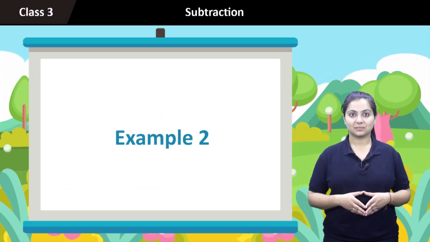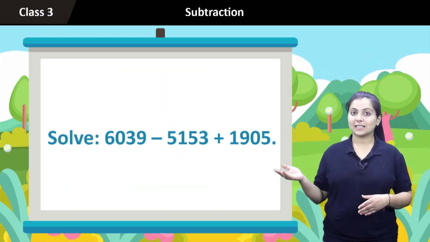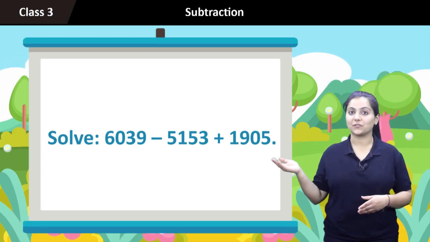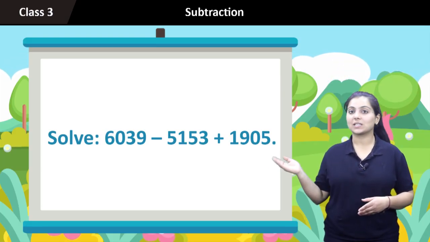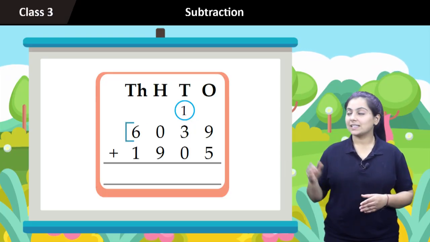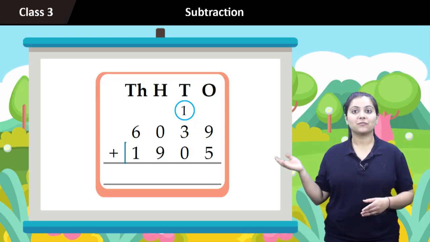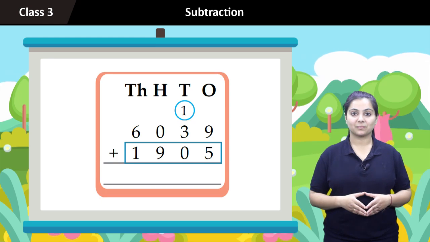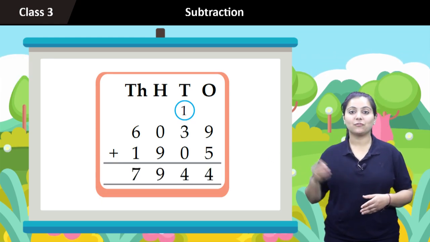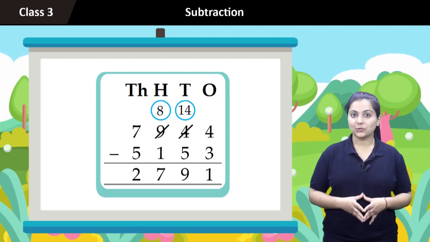Example 2. Solve 6039 minus 5153 plus 1905. Step 1. Add the numbers 6039 and 1905. The answer will be 7944. Step 2.